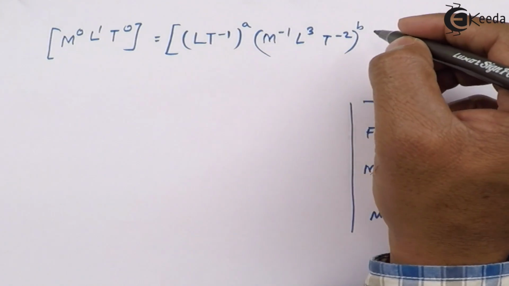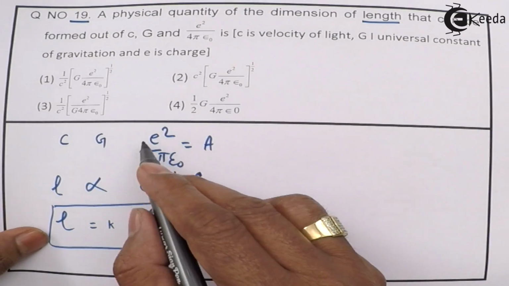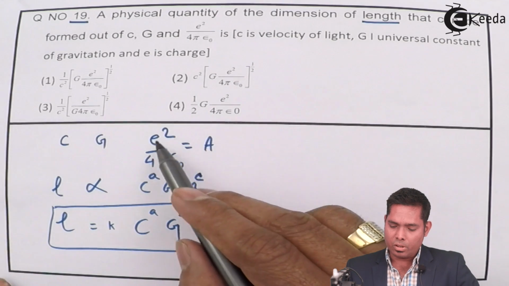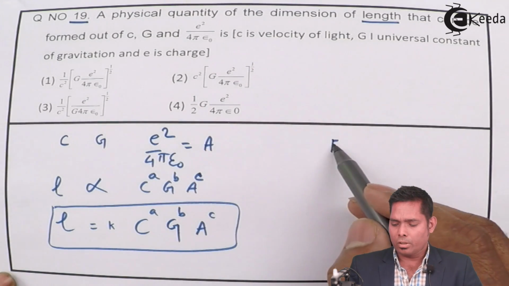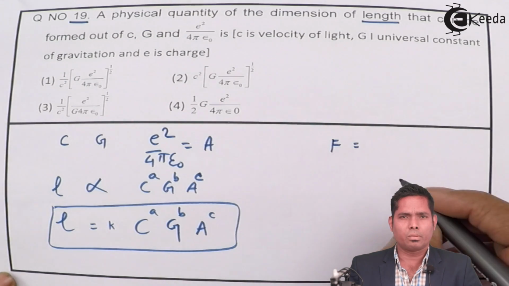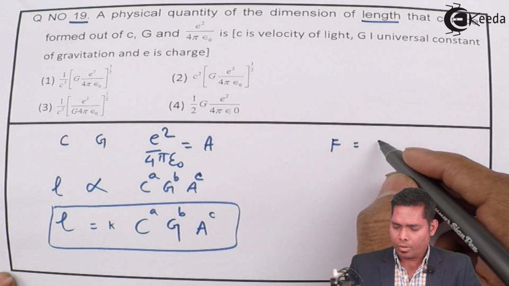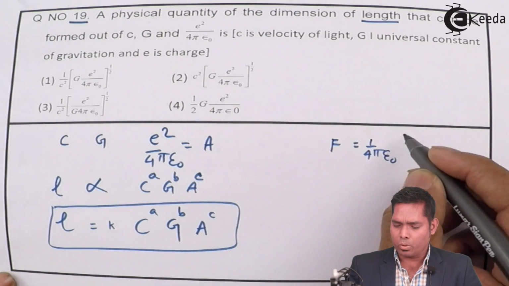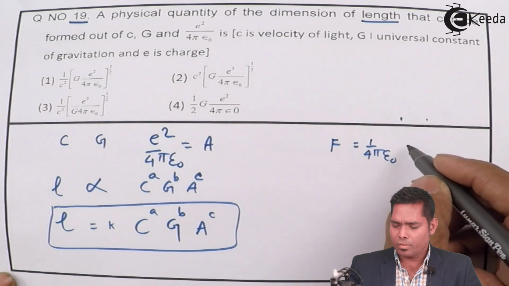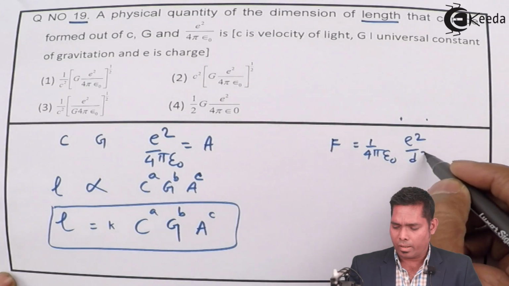I'll write power b, and we have A, which stands for e square upon 4 pi epsilon naught. I know from Coulomb's law that the electrostatic force is given by 1 upon 4 pi epsilon naught times e square, the two charges, upon distance square.